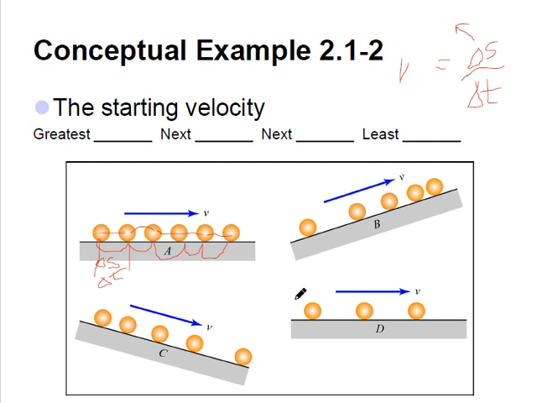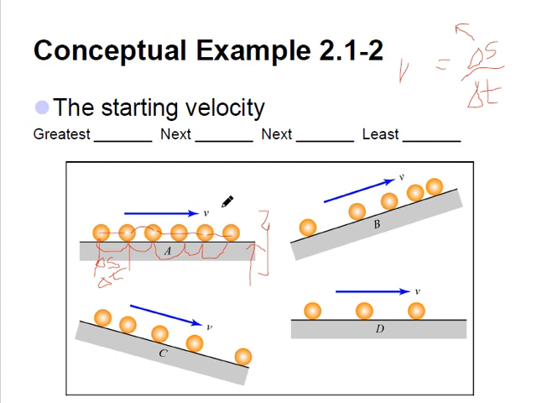Another way that you can identify this is with the slope. If you don't want to calculate, you can eyeball it. By looking at this tangent line to the velocity, you see that it's completely horizontal.